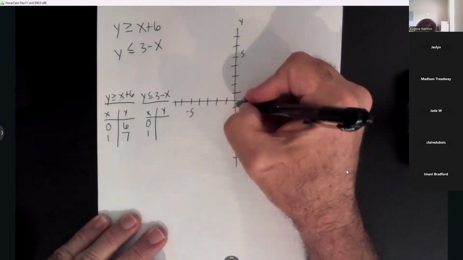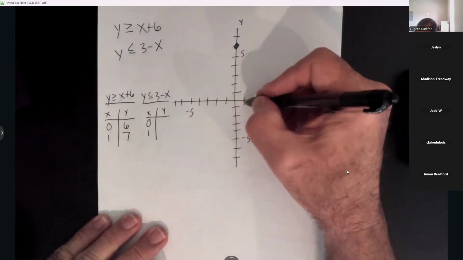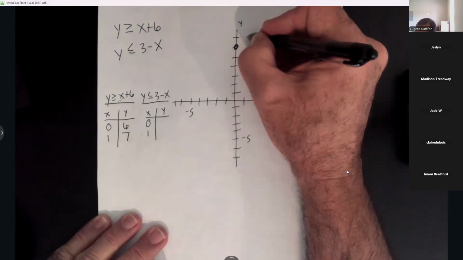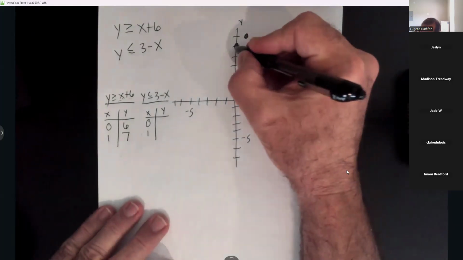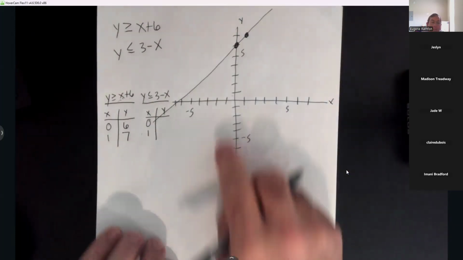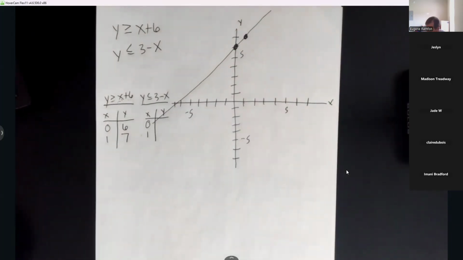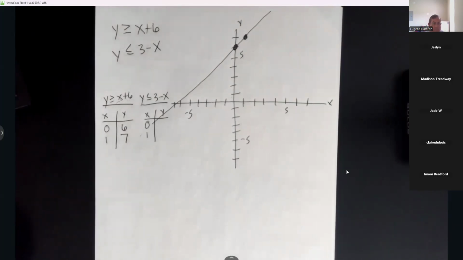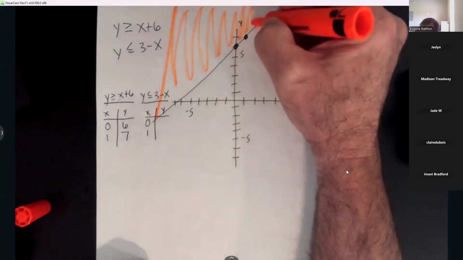Also 0, up 6, and then 1, up 7. So it's a solid line. So this solid line on the first one is greater than or equal. When I shade this, above or below? So it's going to shade above. So you're coming in here and you're shading this whole graph above the line, okay?